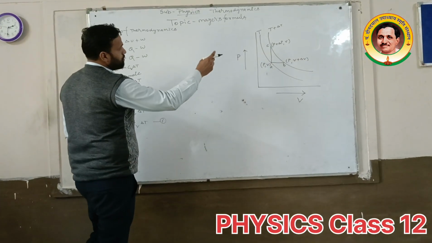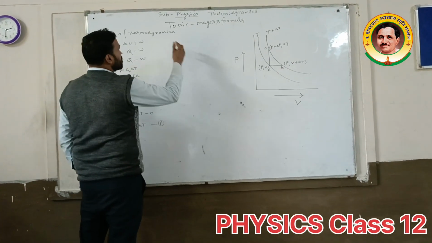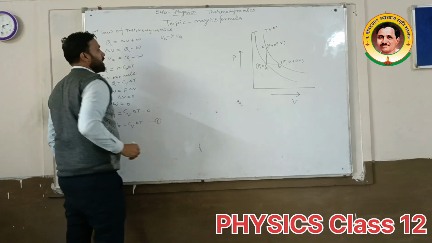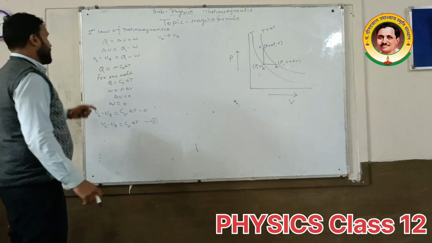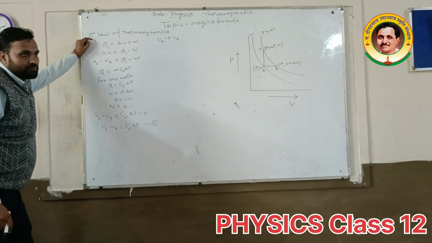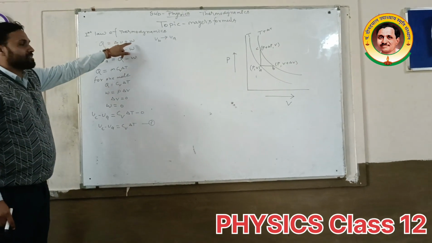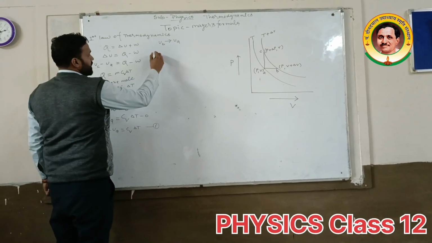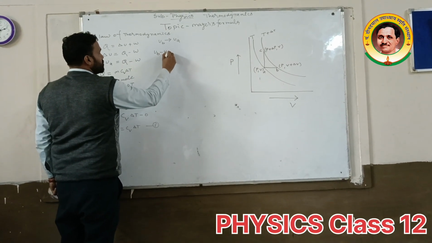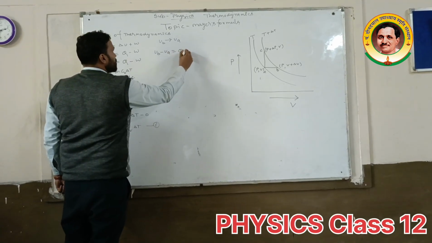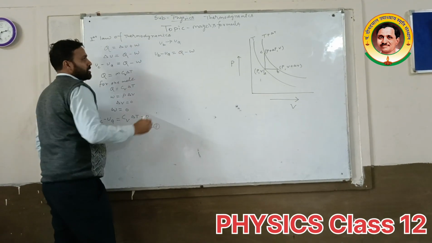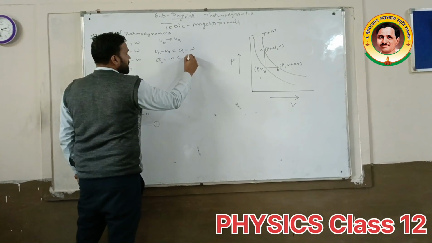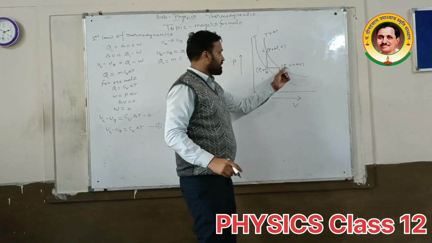Now we take the process from B to A. Once again, from the first law of thermodynamics, Q equals delta U plus W and delta U equals Q minus W. Then UB minus UA equals Q minus W. Now Q equals m C delta T, but here the pressure is constant.